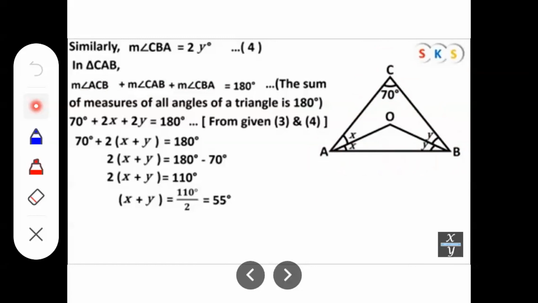Write the reason. Now put the values: C is given as 70 degrees, A is x plus x, that is 2x, which we already found in equation 3, and in equation 4 we got the value of angle B, that is 2y. Now do the calculation. You will get x plus y equal to 55 degrees.